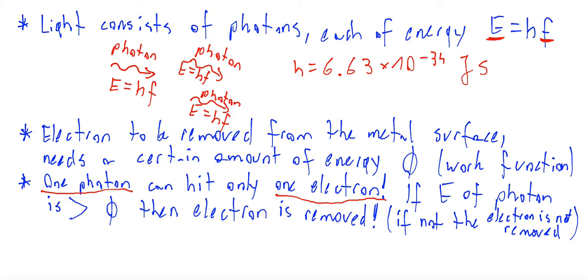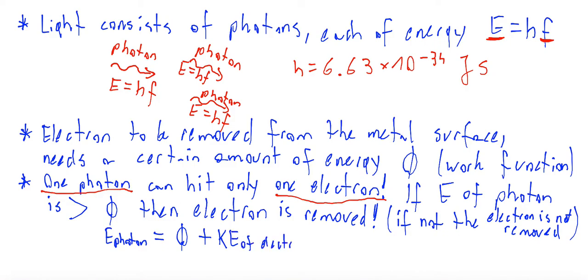How can we write this? By using an equation. The equation is simple. This is something like the law of conservation of energy. Let's look. The energy of the photon is shared between the work function, so the energy needed to remove an electron from the metal surface, and the rest of this energy is delivered to the electron in the form of kinetic energy.